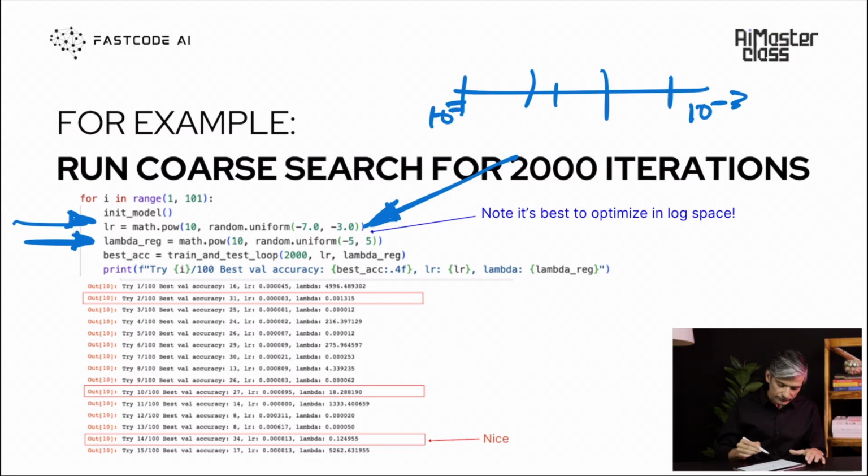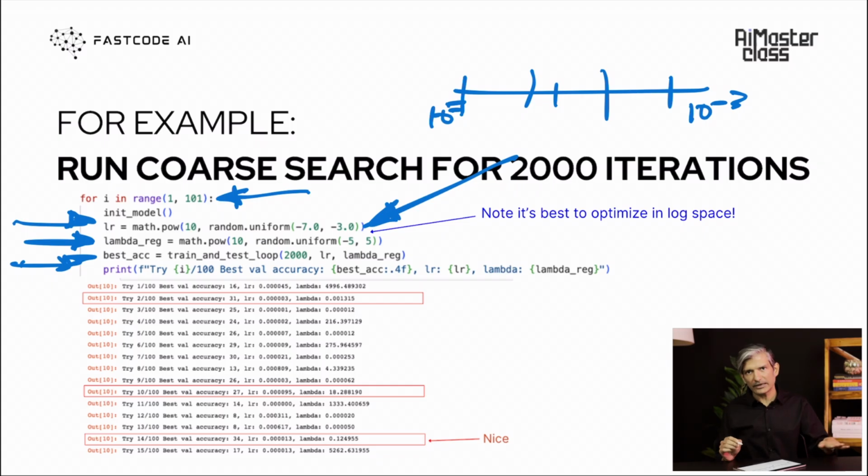And then we are running our train and test loop for 2000 iterations only, because this is the coarse loop, right? So we want to run it for a lesser number of iterations. We are doing this in a loop, so every time we are sampling values for learning rate and lambda, running our train and test loop, and then checking what is the best accuracy we could get with those hyperparameters.